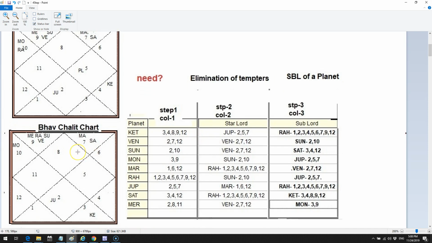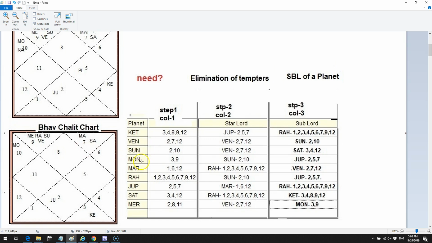Now this is a chart of a female, and just for the sake of explanation, let's assume she is going through the Venus Mahadasha and that she is of marriageable age.